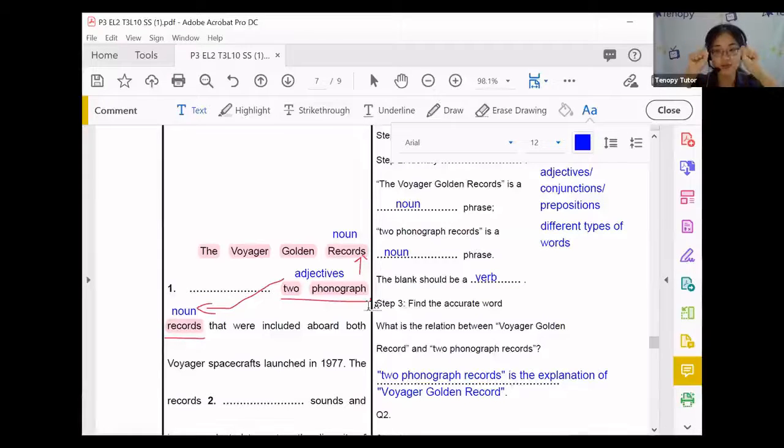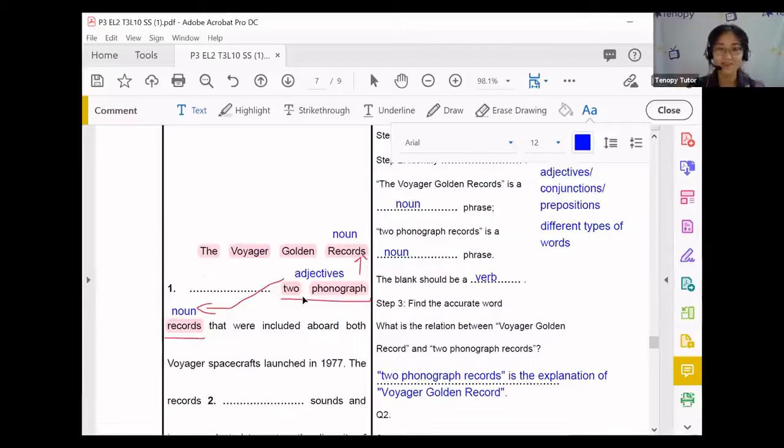Once again, these two things are very alike. If you say the Voyager spaceships have two phonograph records, that would be correct because those records are on board those spaceships. However, we're talking about the same thing. All right, I think you guys have overthought this.